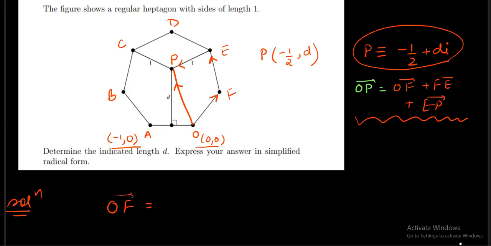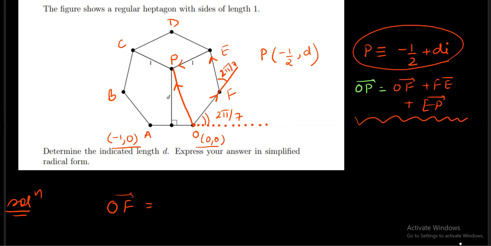OF vector, simply I can say that OF vector starts from origin. So the magnitude of OF is 1, and regarding the angle that it makes with the positive direction of the x-axis, you can clearly see that this angle will be equal to 2π/7. Right? Why? Because it is a regular heptagon. So when you find the exterior angle, it is going to become 2π/7. That means here too, the angle that comes is 2π/7.